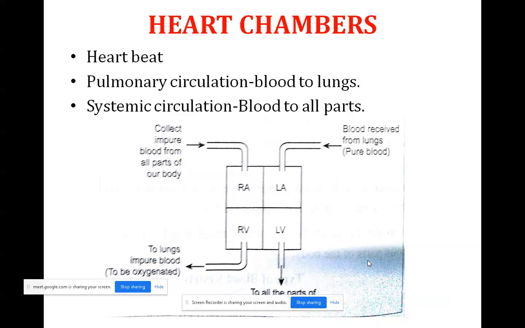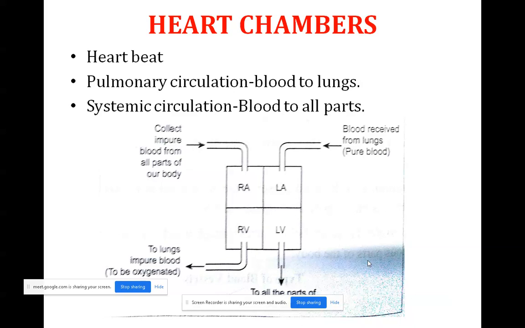Actually, your heart will receive the impure blood from all the parts of the body. That impure blood will be sent to the lungs. The lungs will give the purified blood by providing oxygen.